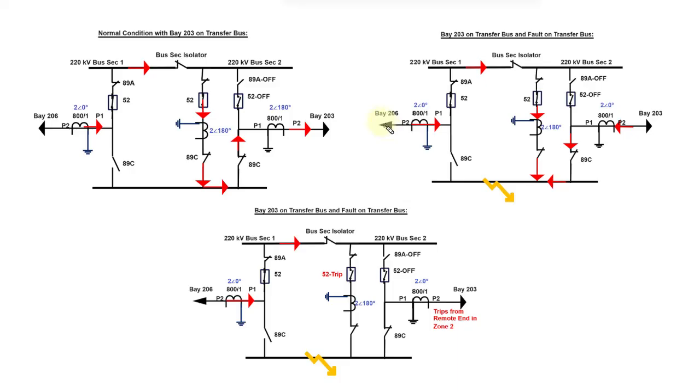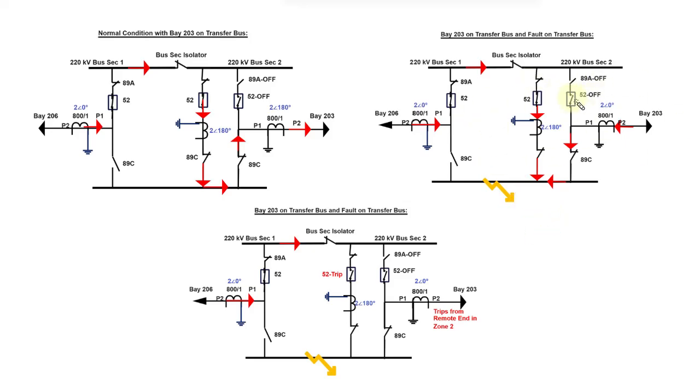What will happen in this case? The current will flow in this direction, but the current which was earlier flowing in this direction will now flow in the opposite direction. With the help of the direction, the busbar relay will be able to decide that there is a fault on the transfer bus, and it will operate.